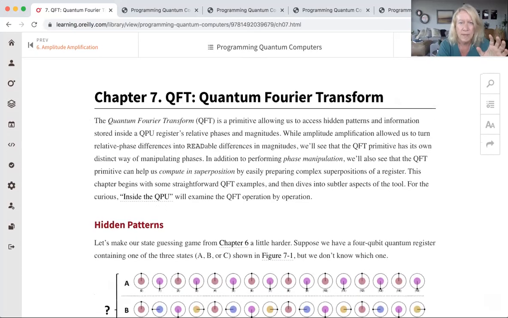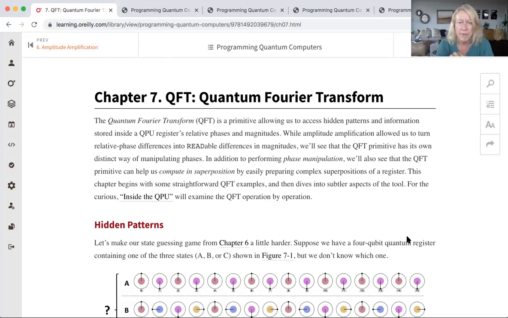As we're going through this, it tells us in the beginning that we can access hidden patterns. In amplitude amplification, that was chapter 6, we could turn the phase differences into readable differences in magnitude, so single values. In the QFT in this chapter, it has a way of manipulating phases.